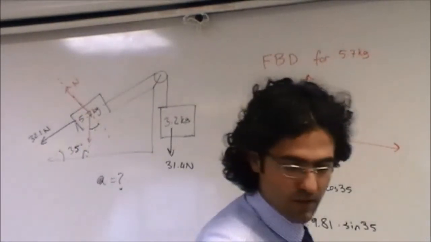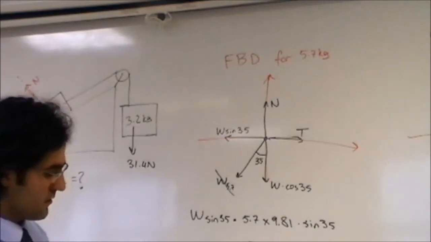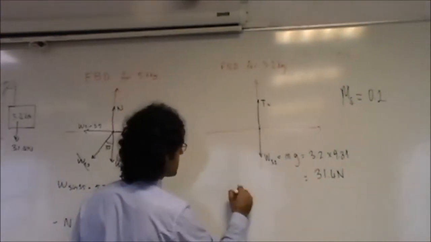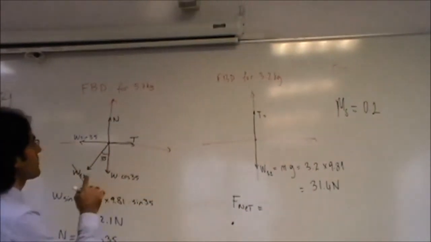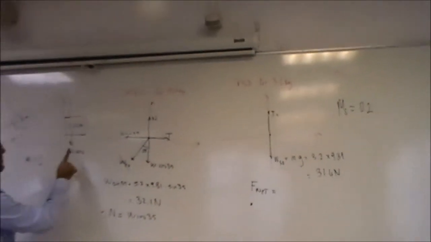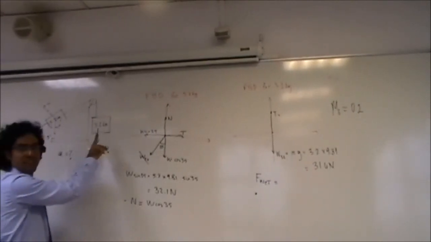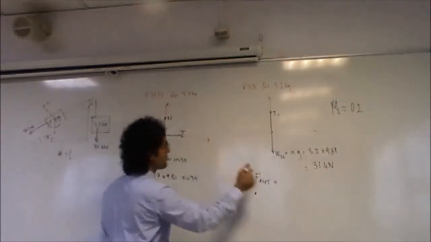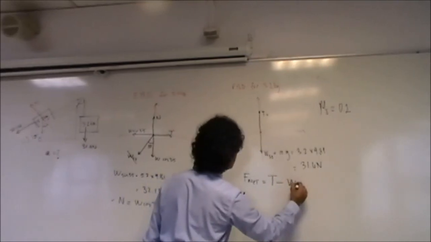So, after knowing that, it will be easy to write the net force acting on the objects. In this case, the net force acting on the 3.2 kilogram object, since this is going up, tension will be greater than the weight of this object.